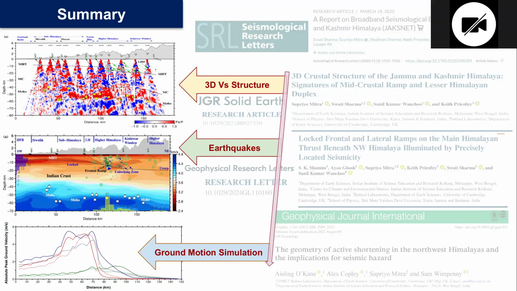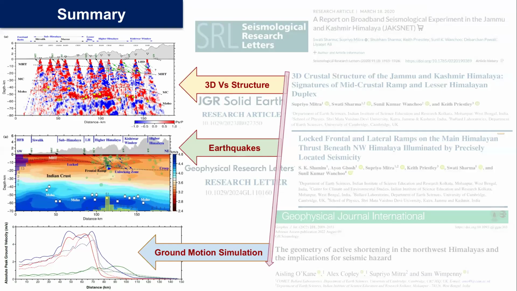Yeah, Supriyo, thank you. It was very interesting. I just have one question. So you were showing at the end this ground motion simulation. I don't know the paper, but is there also some larger PSHA map for that area? Yes, I think there is, but I've not followed these PSHA maps for this region.